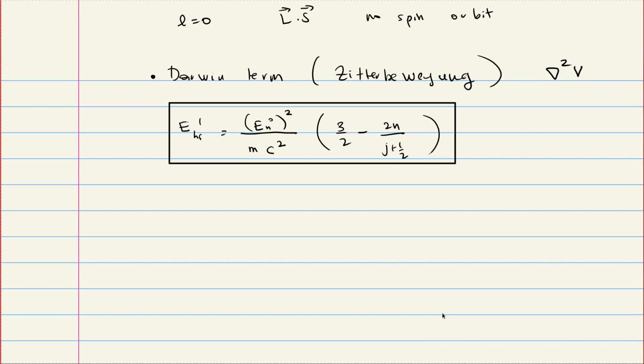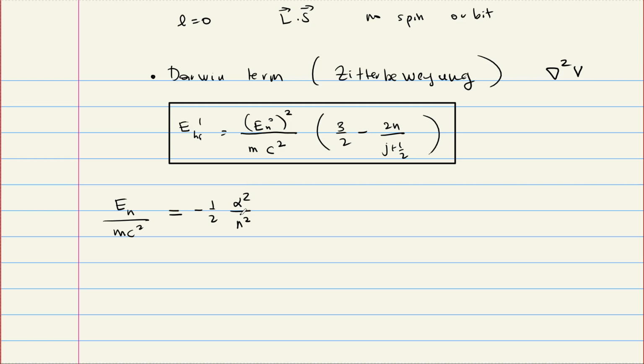And let me write the result, and then let's discuss and finish it there. So in total, energy En divided by mc squared happens to be minus 1/2 alpha squared over n squared.